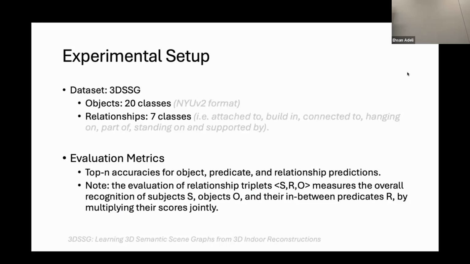For the evaluation metric, we follow the 3D SSG to compute and report top N accuracies for object, predicate, and relationship predictions. For the evaluation of the relationship triplets, SRO, it measures the overall recognition of the subject S, object O, and their in-between predicate R by multiplying their scores jointly.